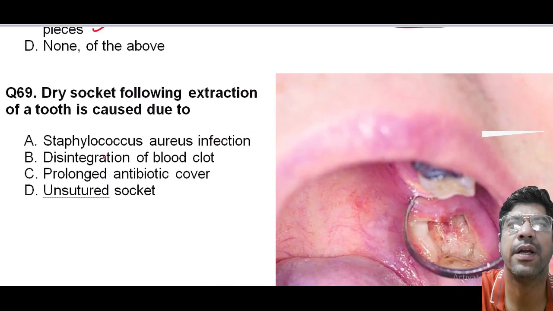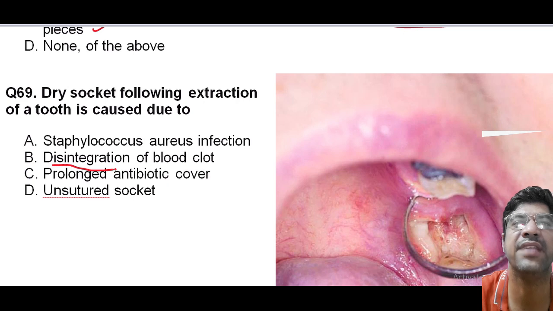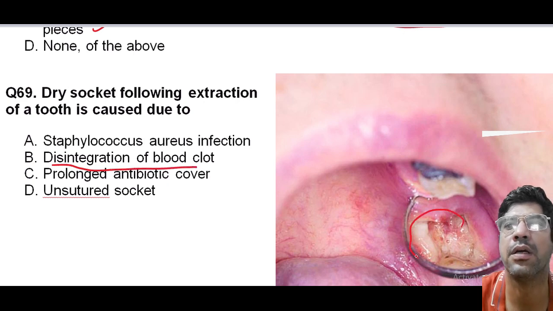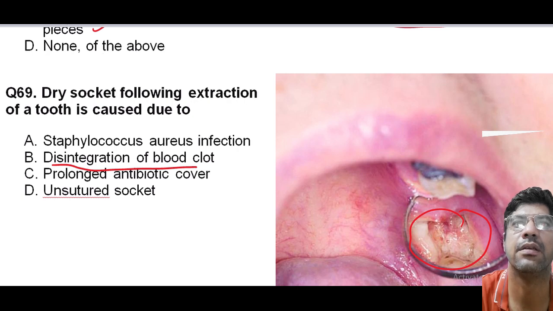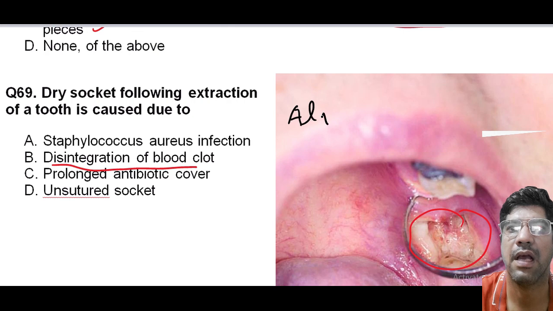Dry socket during extraction of tooth, it is caused due to the disintegration of the blood clot. Remember, the other name of dry socket is alveolar osteitis.